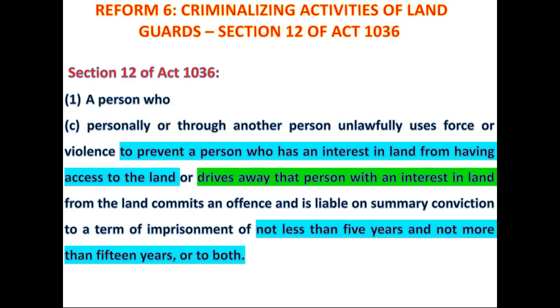And that person is liable on summary conviction to a term of imprisonment no less than 5 years and no more than 15 years or to both.